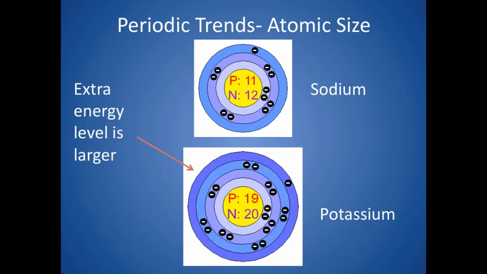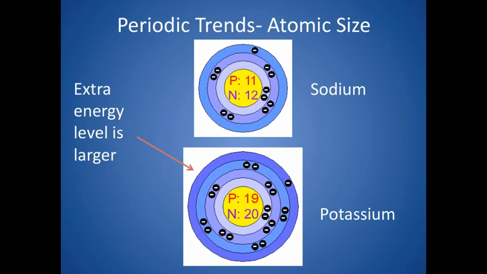The trend for a group is a little bit easier to comprehend. Comparing, say, sodium to potassium, when you go from sodium in the third outer energy level to potassium with the fourth outer energy level, that extra shell is larger. So what you've got there is the 4s compared to the 3s, and so it's just bigger.